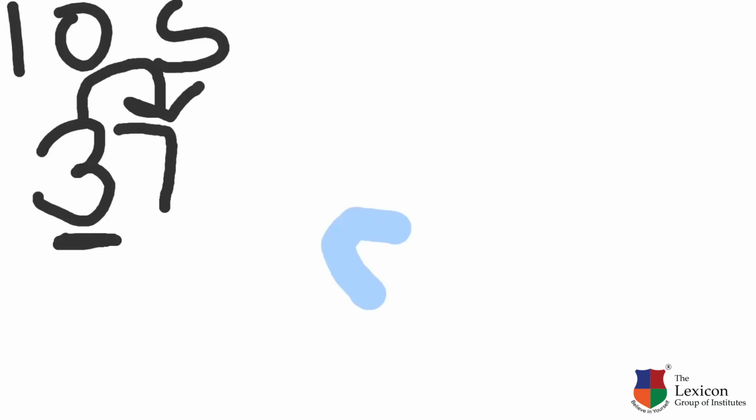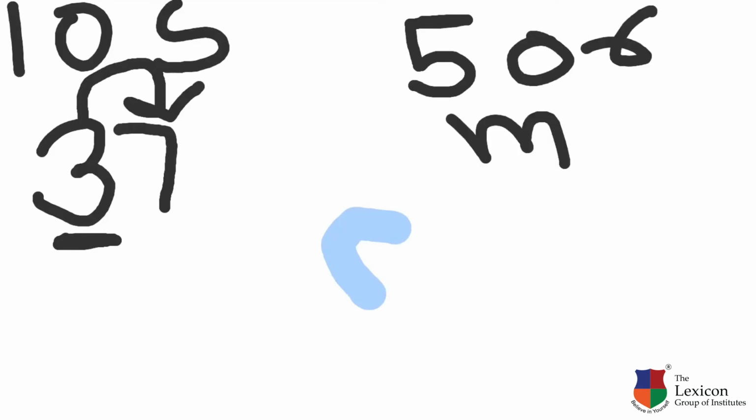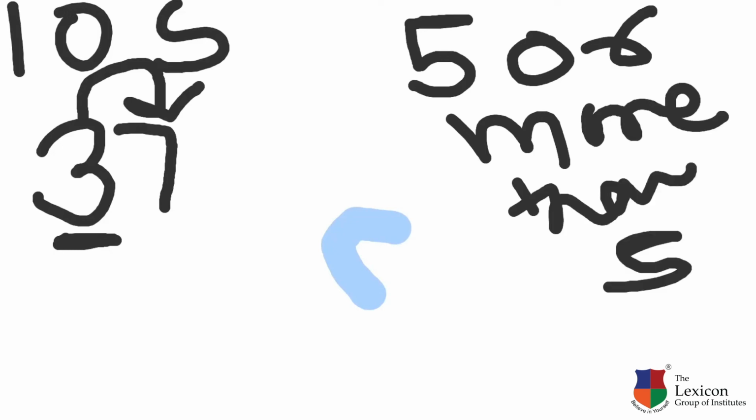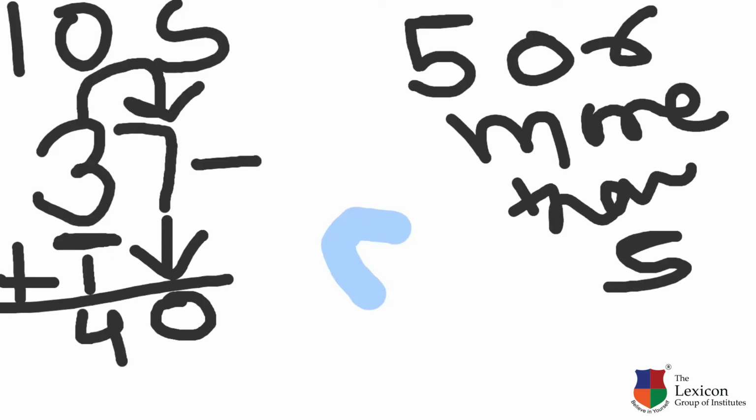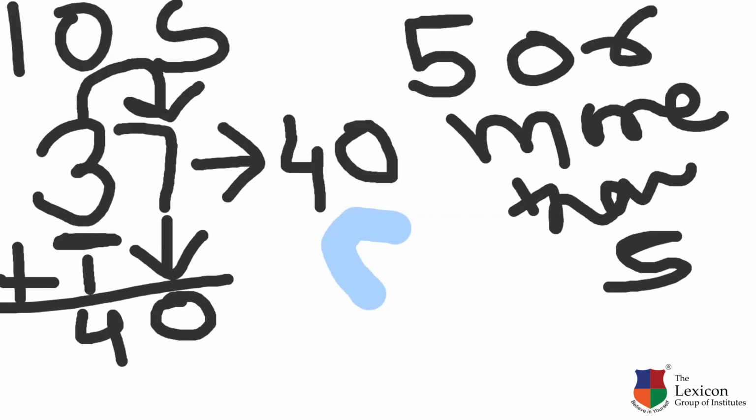If that number is 5 or more than 5, then we will add 1 to the underlined digit. And the remaining digits on the right hand side will get converted into 0. Now 3 plus 1 is 4. So 37 rounded off to the nearest 10 is 40. Understood? One method I have explained, that is the number line, and this is the other method.